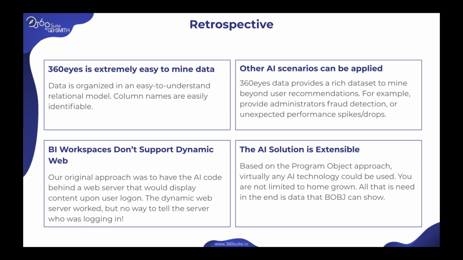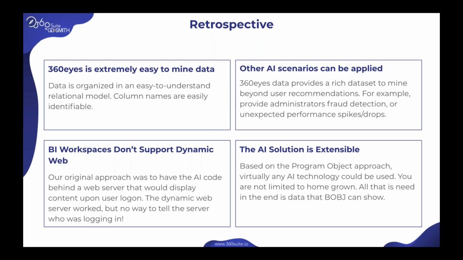The other thing we found is that other AI scenarios can be applied. This scenario has to do with users and user adoption and providing users insight into their world, so to speak. But I think a lot of the untapped power in AI as far as your metadata centers around administrative tasks as well, anything from fraud detection to unexpected performance spikes and drops, right?